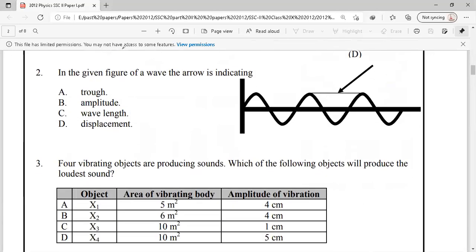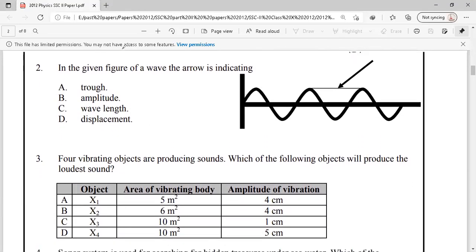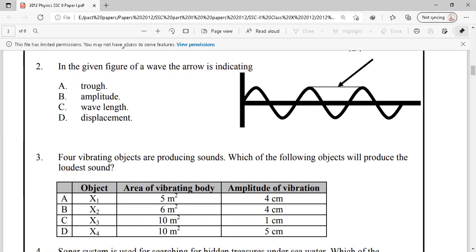Then we have question number two and three. In question number two, we have to identify the part of a wave that is indicated by an arrow. This is a type of wave in which we have a crest and trough.